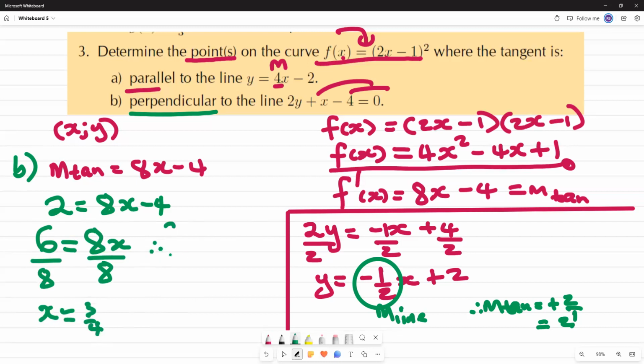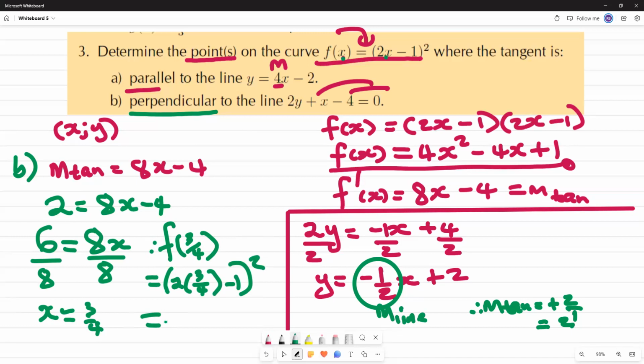Now we're going to look for f at 3/4. We put 3/4 here and there, where the x are. So I'm looking for f at 3/4, which is going to equal 2 times 3/4 minus 1, squared. This one has a fraction, so let's quickly use a calculator to save time.